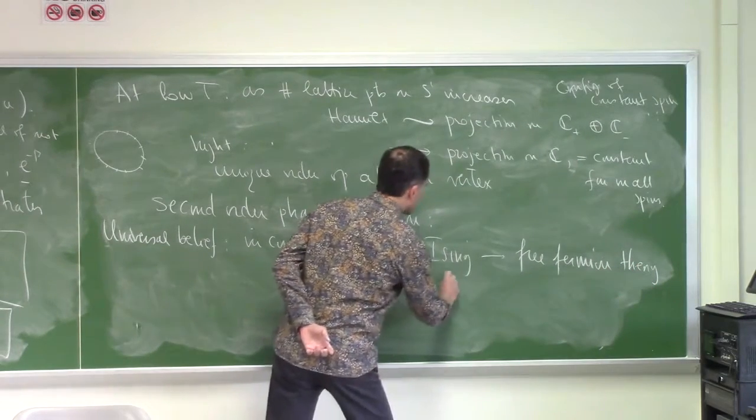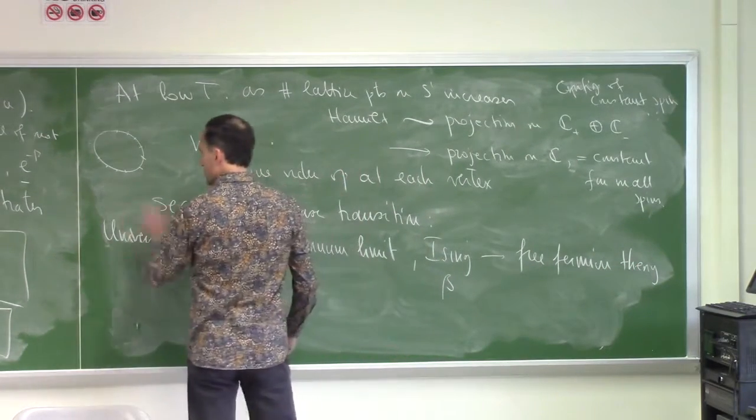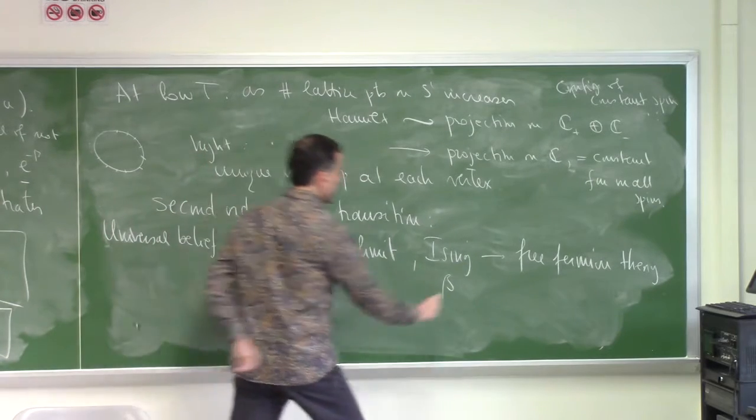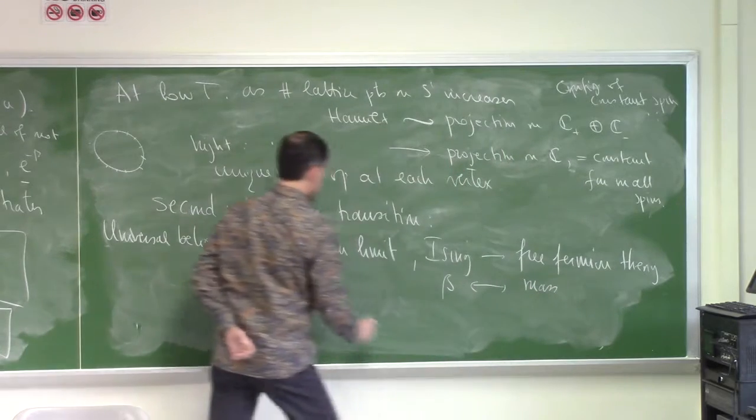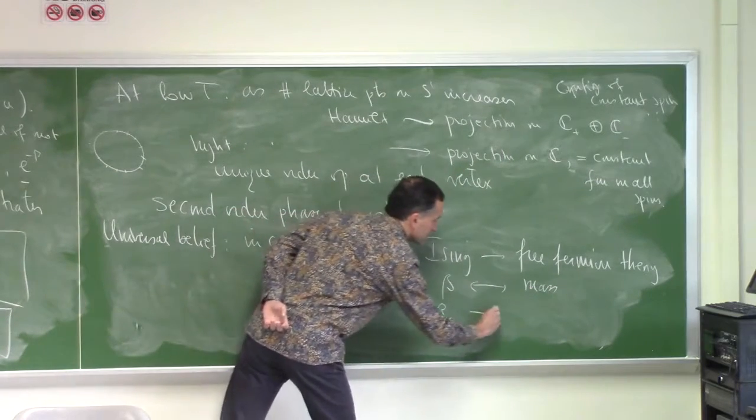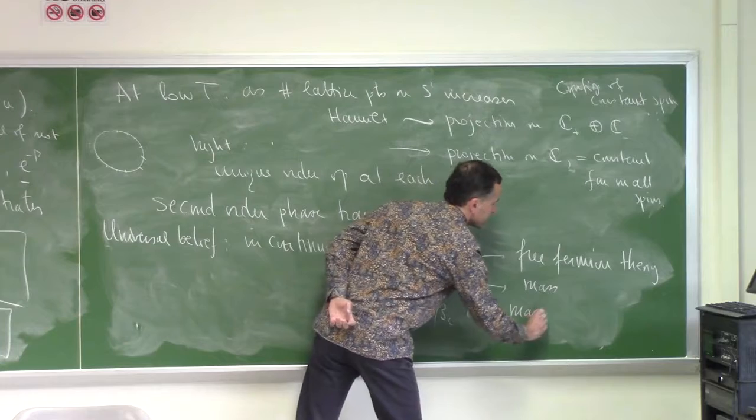And the parameter beta, which you have to keep moving in order to take the limit, corresponds to the mass. And beta critical corresponds to the massless fermion.